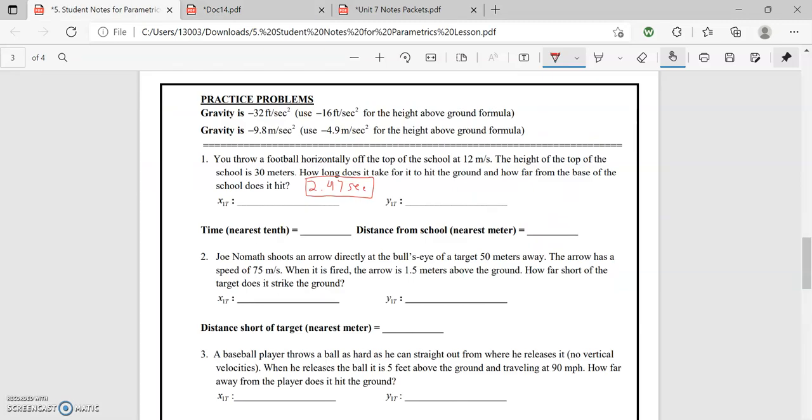So if we go back, it's really asking you to just say 12t here and 30 minus 4.9t squared. The instructions were not very clear on why those equations are there, but it's the idea that you can do that and then later come back and answer much more questions than just when does it hit the ground and how far away.